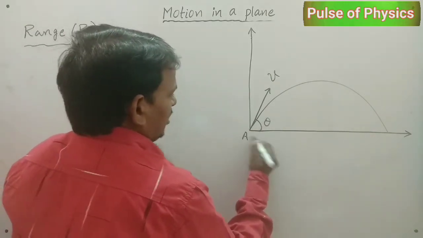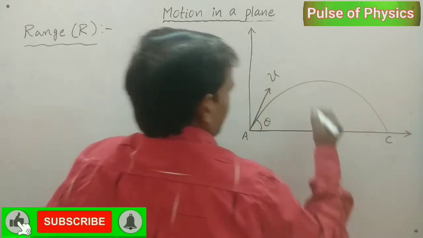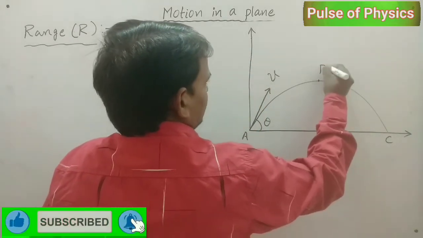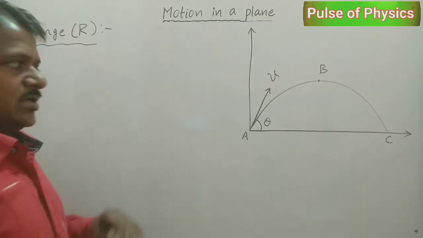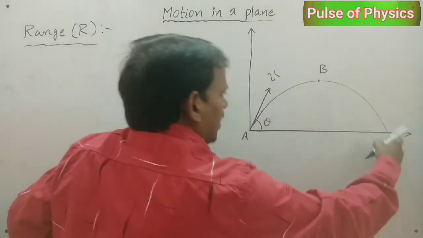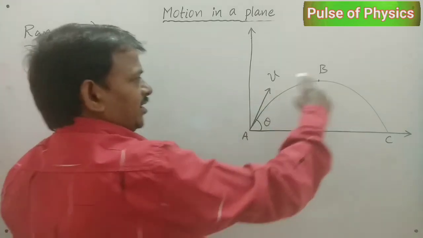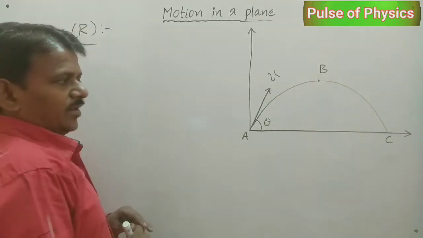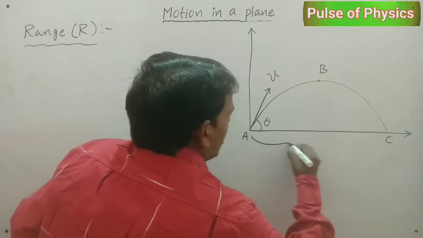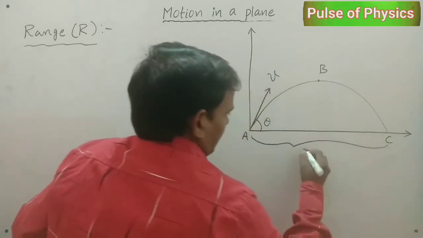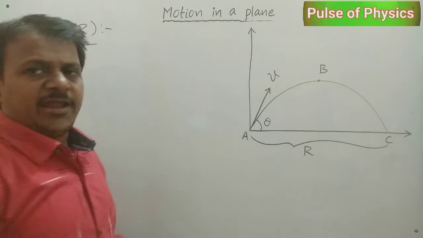This is the starting point and this is the ending point. This is the highest point. So during the time of flight, the body traveled from initial point A to final point C. So the maximum horizontal displacement covered is called range.